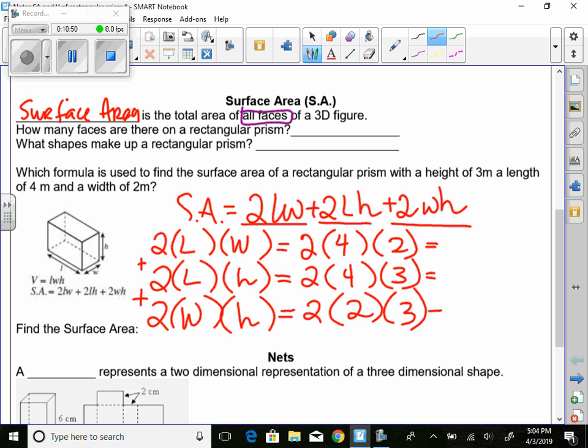Now solve each of them separately. 2 times 4 is 8. 8 times 2 is 16. Same number: 2 times 4 is 8, 8 times 3 is 24. 2 times 2 is 4. 4 times 3 is 12. Now add them together and you will get the same exact answer, 52 square meters. So that's just another way to organize this information, not a big difference.